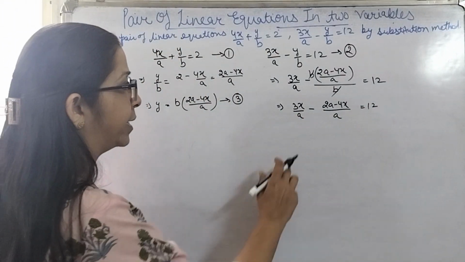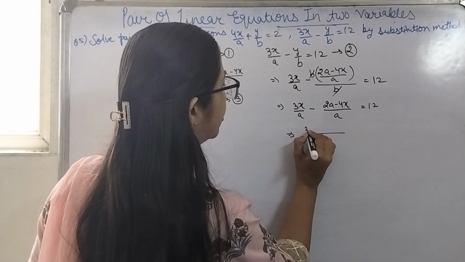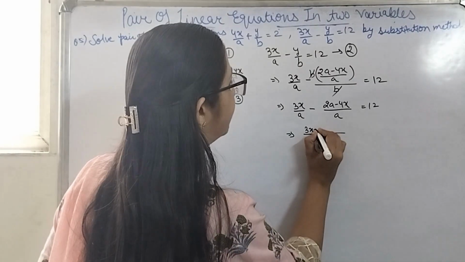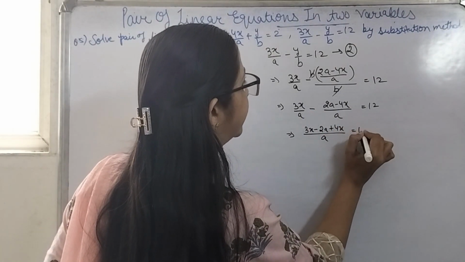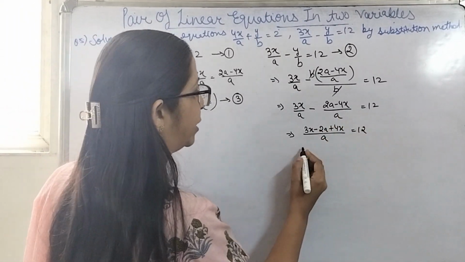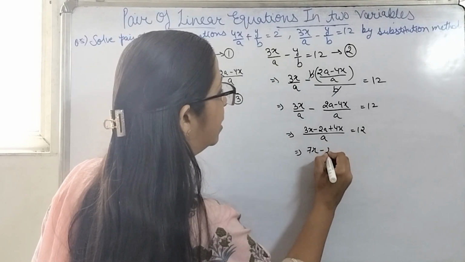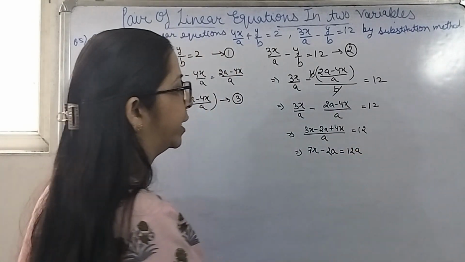Now over here the LCM will be a only, because both the denominators are the same. So this minus sign will be multiplied by both of them. It will become minus 2a, minus minus will become plus 4x, equivalent to 12. Now a will be multiplied by 12. 3x plus 4x will become 7x minus 2a, equivalent to 12a.